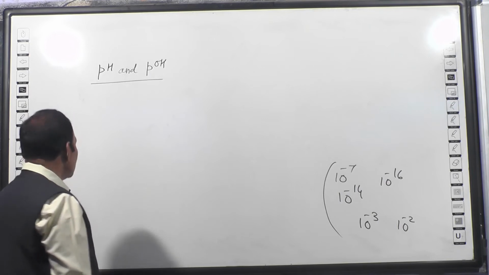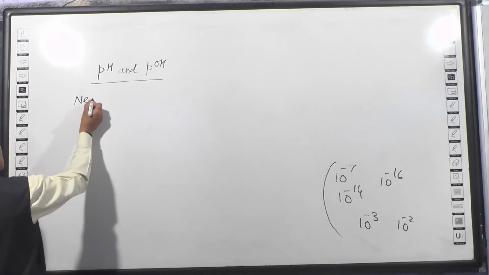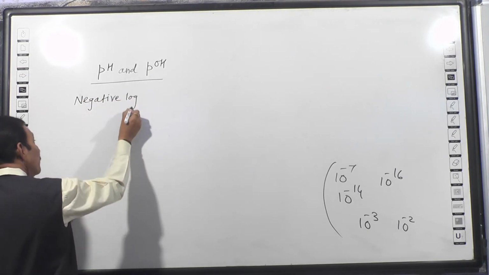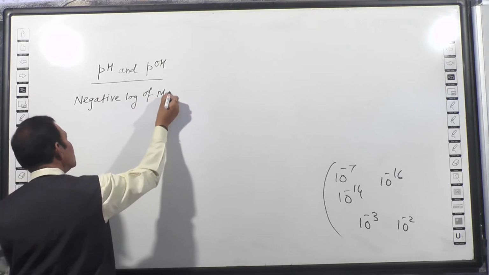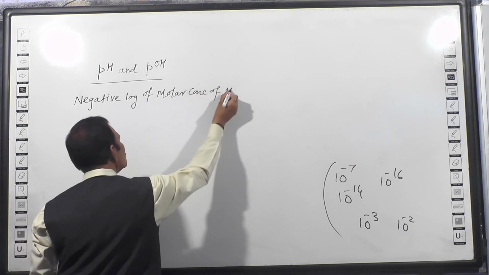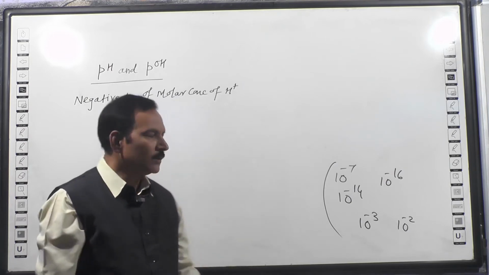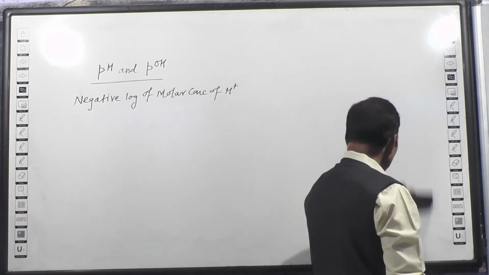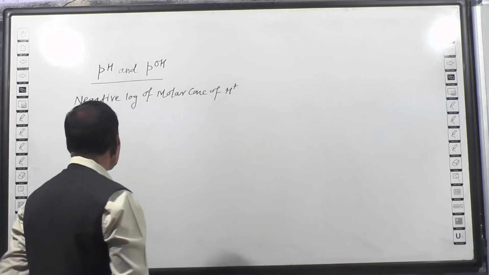So what is pH? Negative logarithm to the base 10 of molar concentration of H plus ions. In short, negative logarithm to the base 10 of molar concentration of H plus ions is called pH.